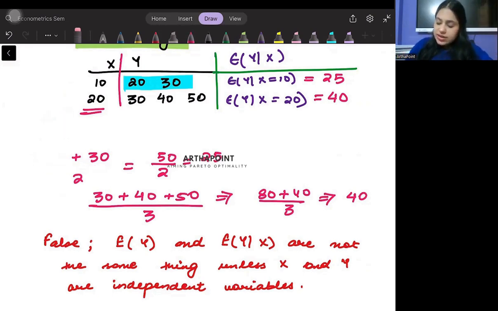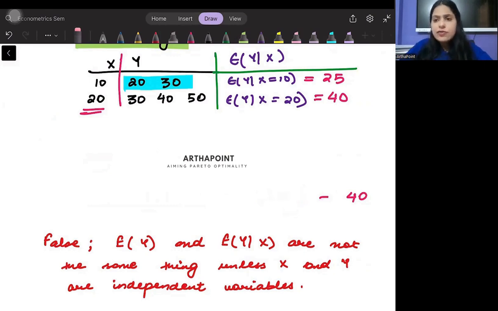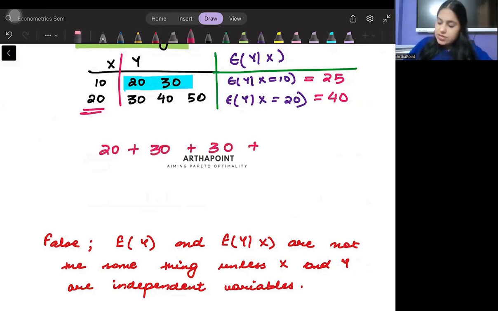Now the question that next arises is what is going to happen to the unconditional value of y? If I were to find the unconditional mean of y, I would simply do 20 plus 30 plus 30 plus 40 plus 50. There are 5 observations, divided by 5.